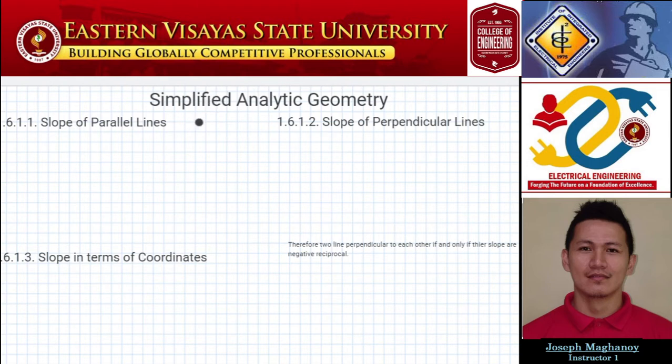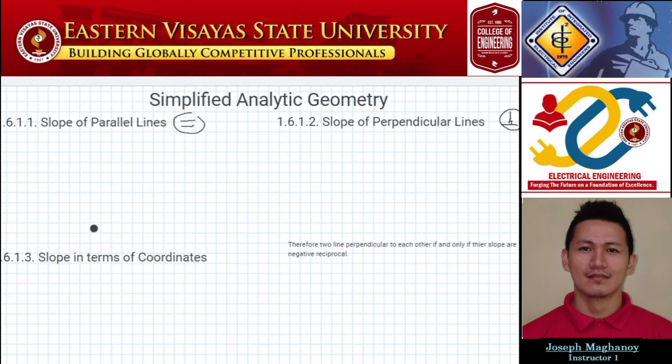Usually the symbol for parallel lines is two bars. For perpendicular lines, it is like an inverted T, which of course is 90 degrees, a right angle. So that is the symbol for parallel lines, and this is the symbol for perpendicular lines.